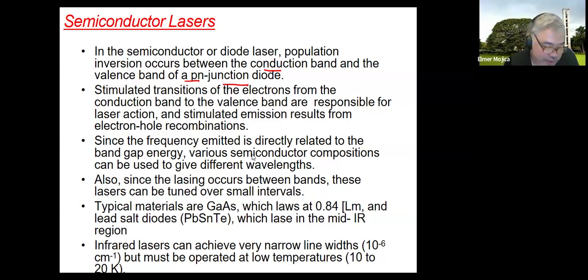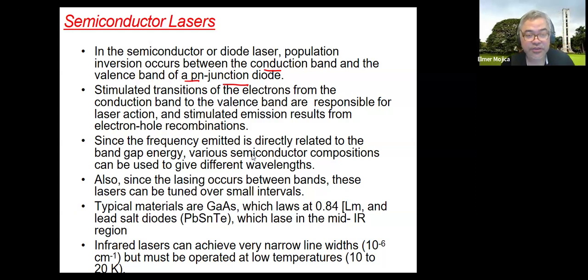Okay, and typical materials that we have here are gallium arsenide, which lases at 0.84 micrometer, and lead salt diodes, which lase in the mid-IR region. Okay, so infrared lasers can achieve very narrow line width, but must be operated at low temperature, 10 to 20 Kelvin.